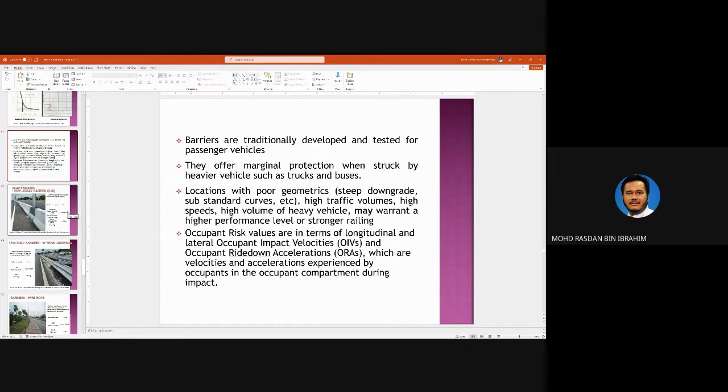Occupant risk values in terms of longitudinal and lateral impact velocity, OIV, and ORA, occupant ride-down accelerations, which are velocities and accelerations experienced by occupants, are the variables used to grade the safety performance of a guardrail.